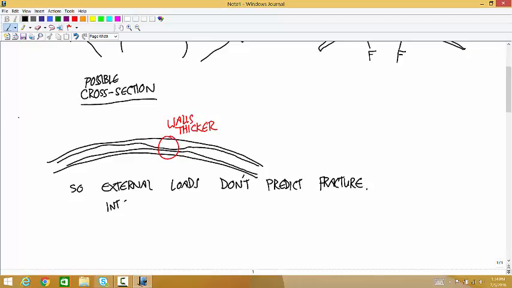The internal loads don't predict fracture. So we need to go to stress and strain. And those are the two quantities that are going to let us figure out, no matter what the geometry is, where an object is going to break or where it's going to bend, how much it's going to bend.